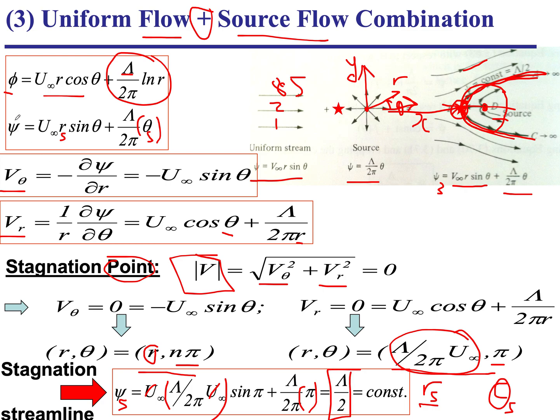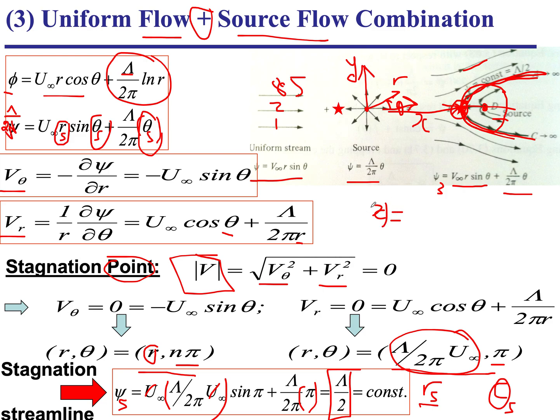So plug it here. We'll put lambda over 2 equal to u infinity r stagnation. So now you're going to get a relationship between r stagnation and theta stagnation. And the relationship between r and theta is just a relationship between x and y. So that describes x equal x of y, or y equal to y of x.